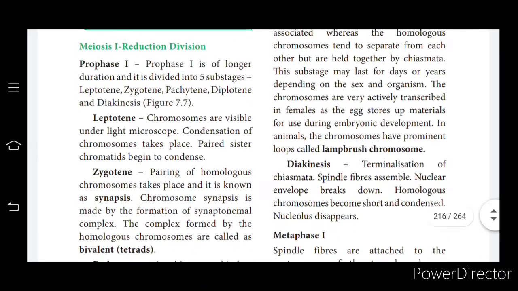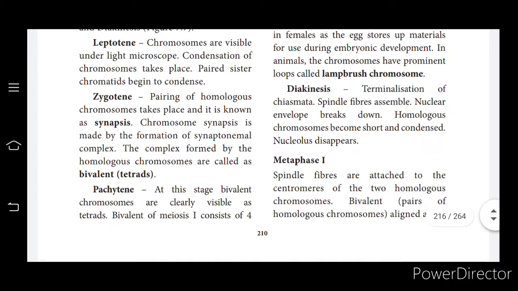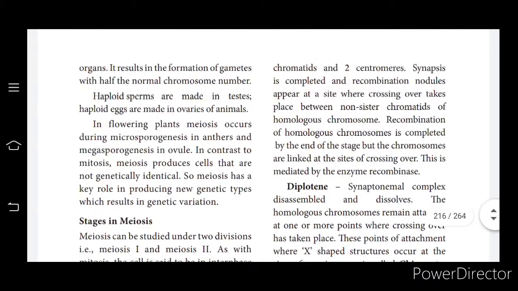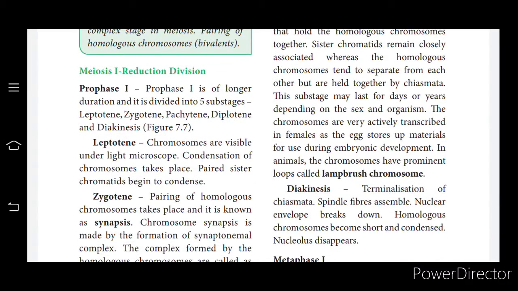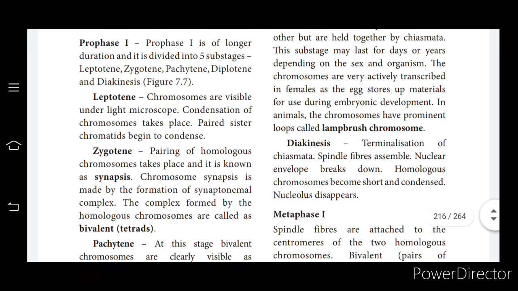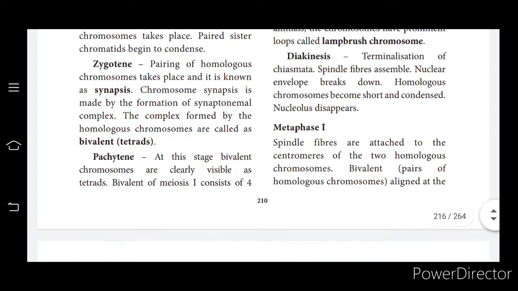You can see here prophase 1. Under prophase 1 we have leptotene, zygotene, pachytene, diplotene and diakinesis. These are all the stages. First under prophase 1, leptotene: chromosomes become visible under the light microscope because they become condensed, with paired sister chromatids.